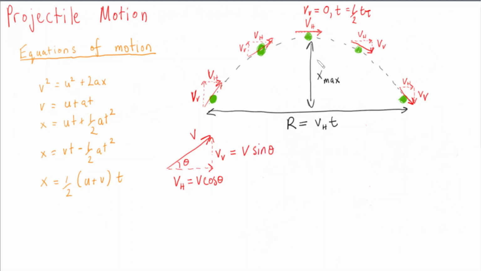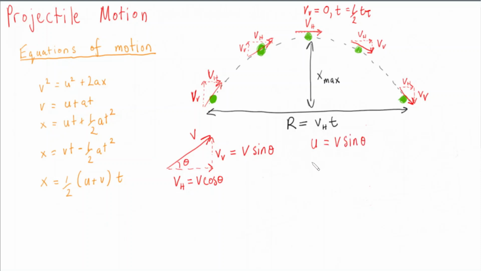And let's say we want to describe x max using these components. So if we're looking at the vertical direction, we know that the object is going to have a vertical velocity of 0 right at the top of its flight path. So I can go ahead and use my equations of motion and write down all my knowns and unknowns. So I know my initial velocity will be v sine theta.